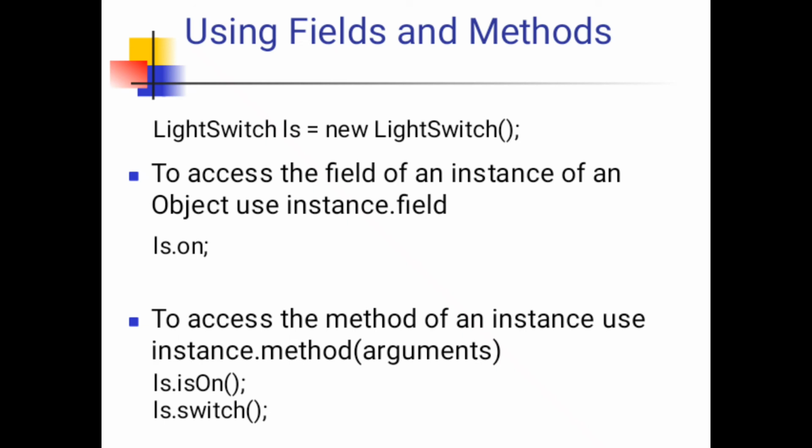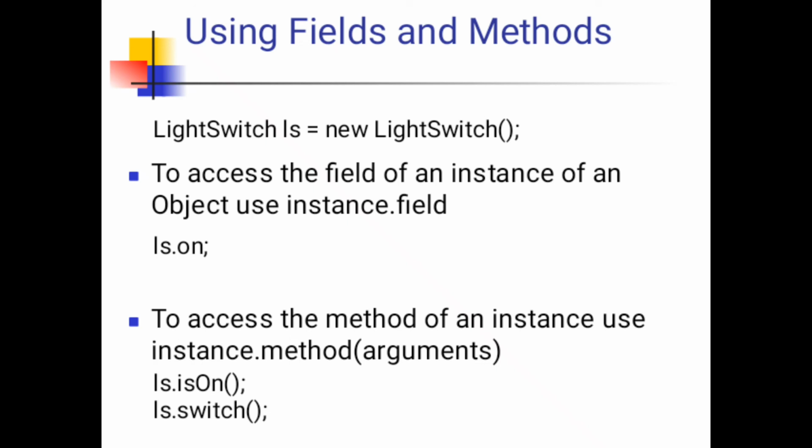isOn is a field, and switch is the method, and then you use the instance, which is the x, to access the field of an instance of an object, to use its on.